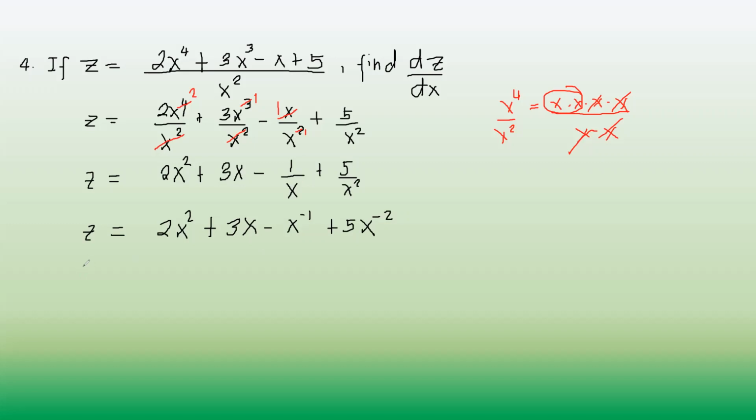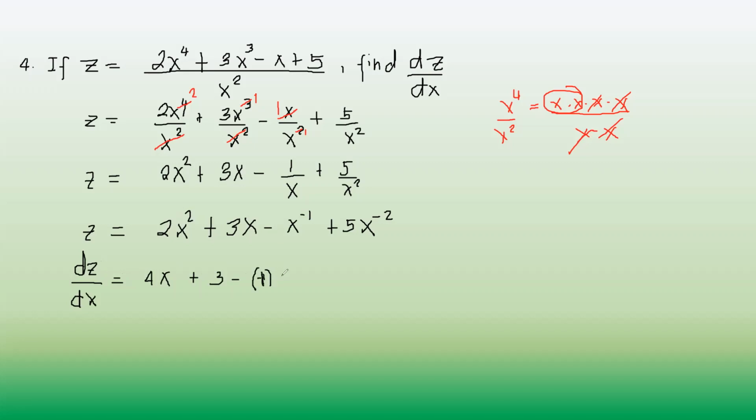So, the derivative of z with respect to x is now equal to, so baba lang, ano, 2 times 2, so we have 4. 4x raised to 2 minus 1 is 1, so 4x na lang yan. Plus, again, derivative na x, yung kanyang coefficient, so yun ay 3. 3 minus, baba sa negative 1.